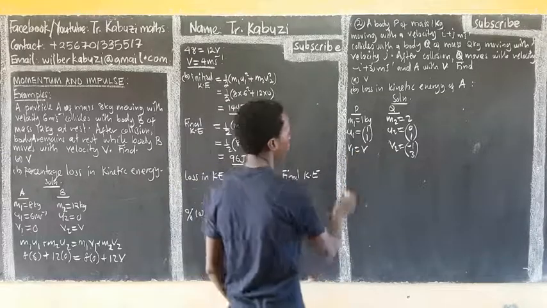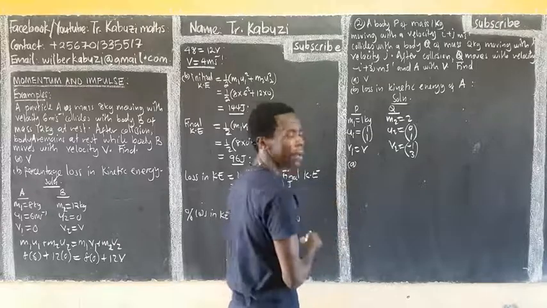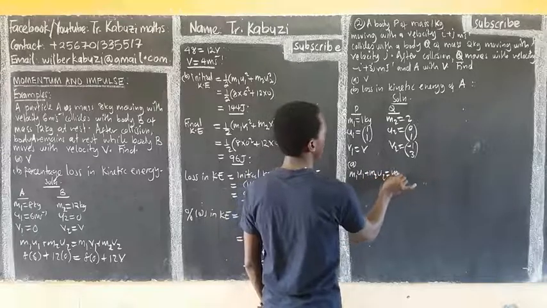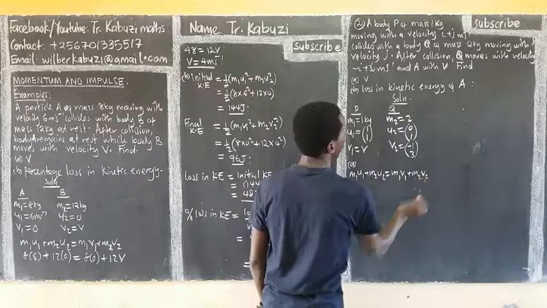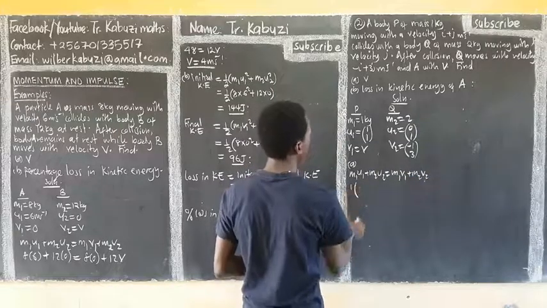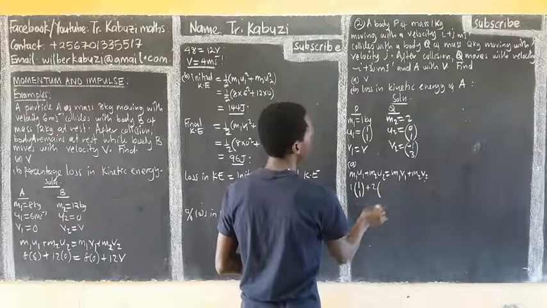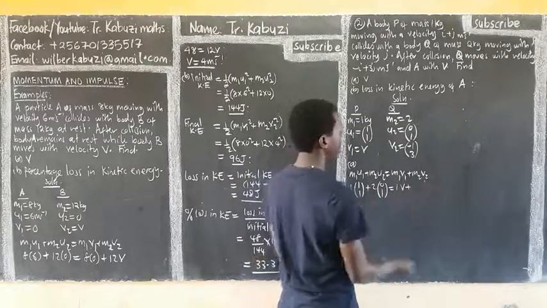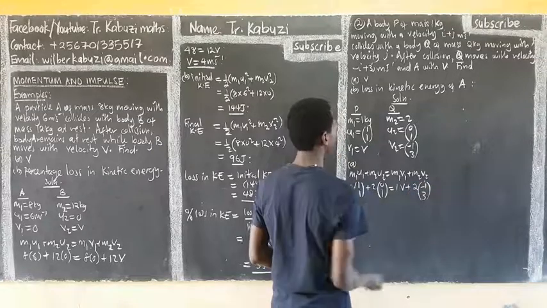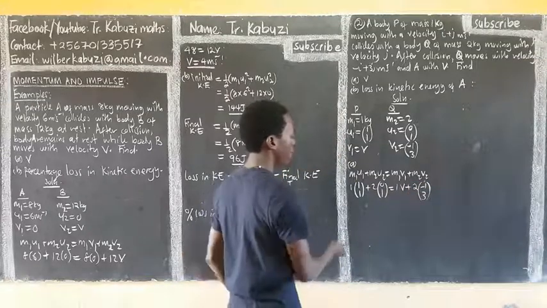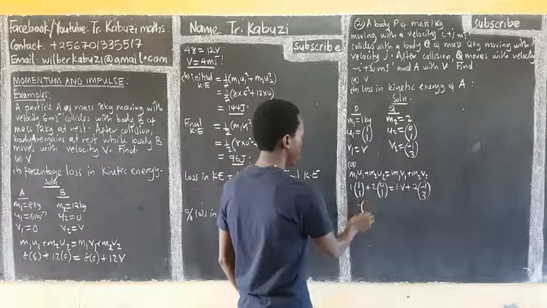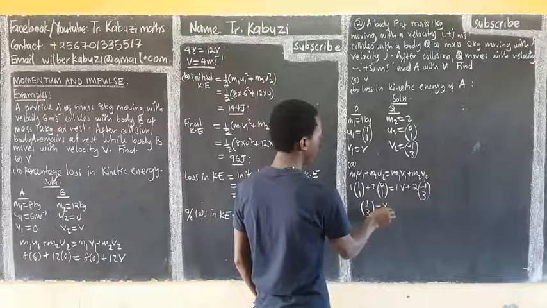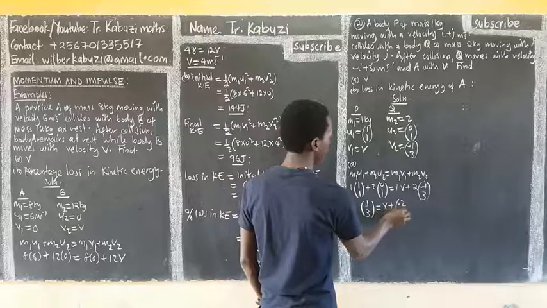Find v. In part A, we put in our formula, conservation of momentum: m1u1 plus m2u2 equals m1v1 plus m2v2. So we put in our masses: 1 times (1, 1), plus 2 times (0, 1), equals 1 times v, plus 2 times (-1, 3). Simplifying, we get (1, 3) equals v plus (-2, 6).